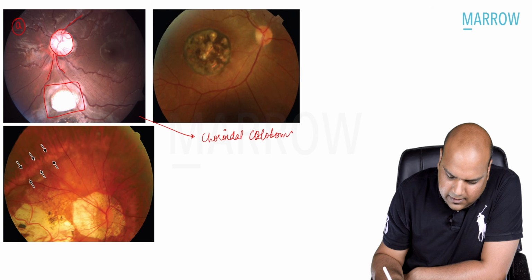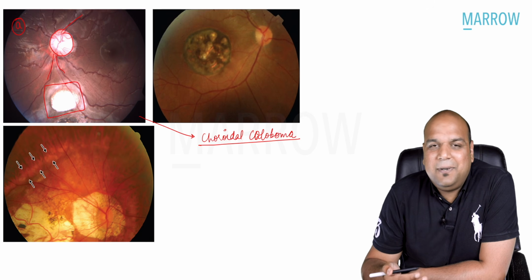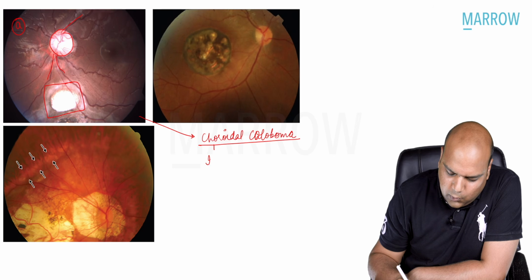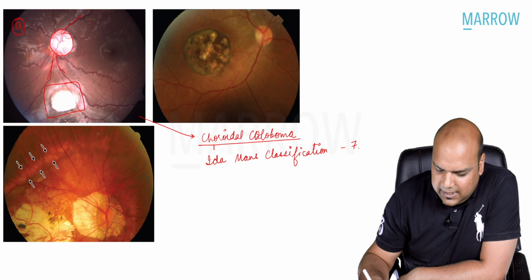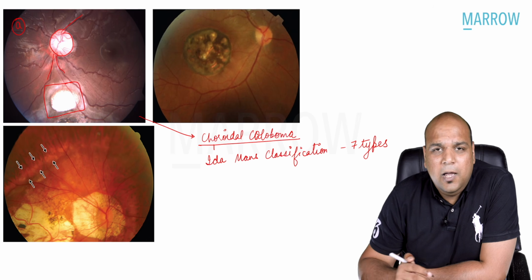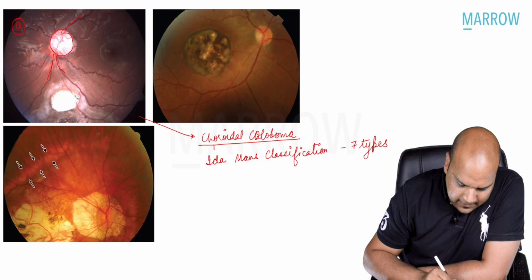All right, everybody. If you have seen such photographs in the videos, I hope you are pretty clear about this. If not, let us remember that choroidal coloboma is classified into 7 types by Idam-Mann's classification. We may have also come across the word optic disc coloboma. Optic disc coloboma is nothing new but a form of fundal coloboma or choroidal coloboma only.